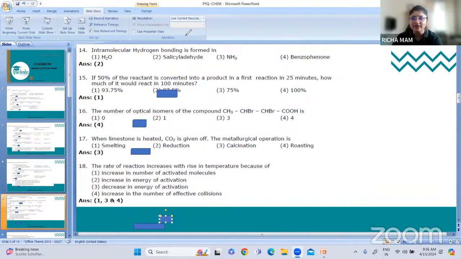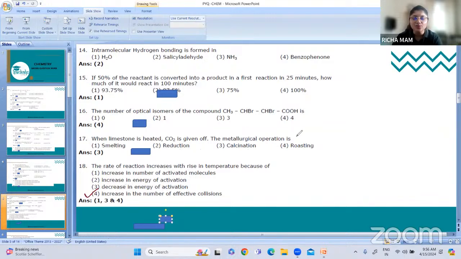Vidya has answered it as 4. Madan has answered it as 4. As the temperature increases, the rate of reaction also increases, right? Option number 4 is the correct one.